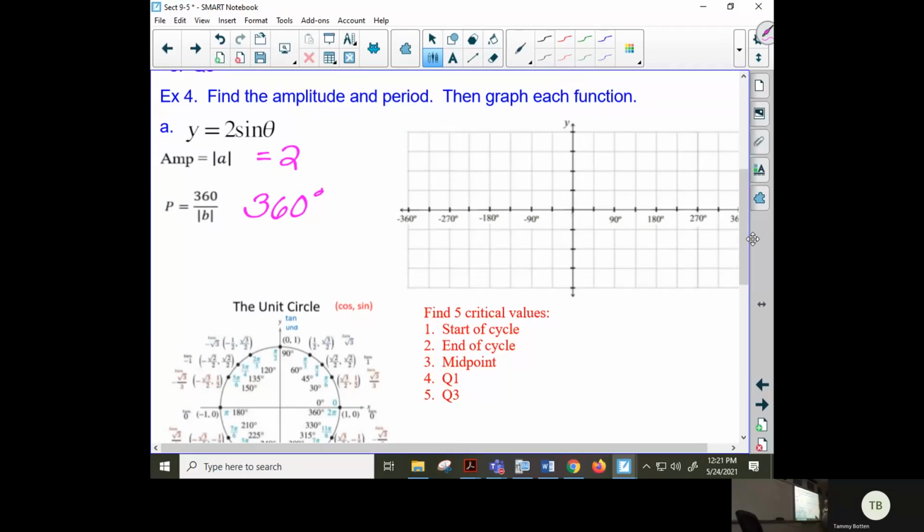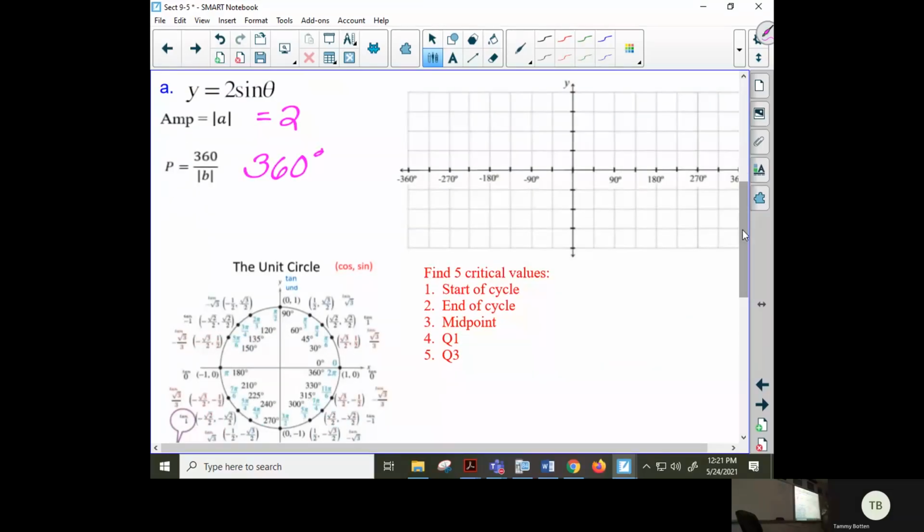So sine, if you guys remember, does sine start at 0 or does sine start up at 1? It starts at 0, okay? And now I'm going to do 1 and 2 like this, but you would not have to do this. You could call this 1 and this 2, that would be fine. But sine is still going to go to 360. And then, so if you know your period is from 0 to 360, you know halfway in between there, it's going to be at the x-axis, okay?